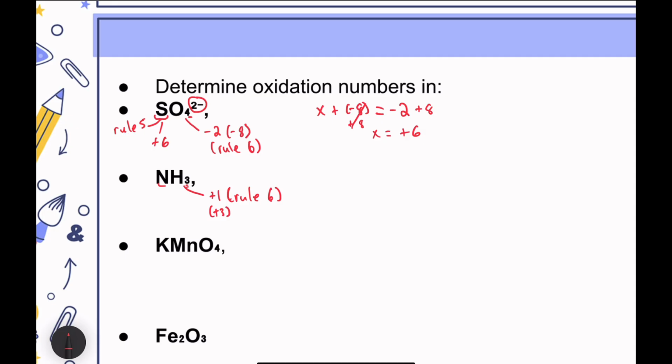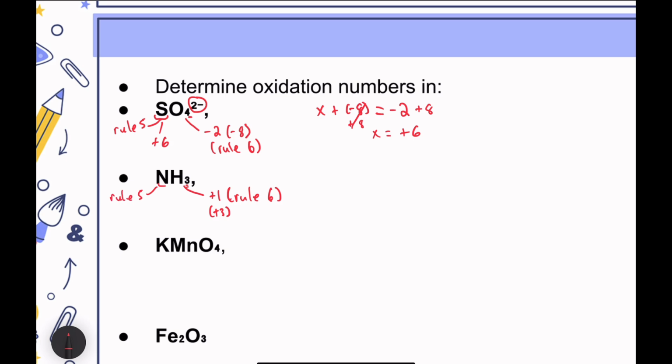And then if I look through the rules again, your nitrogen here is not a monoatomic ion. It is not an element that's in its ground state, or that is 0, right? Or that is by itself. And it's certainly not an ionic compound. So none of the rules directly apply, which means that Rule 5, once again, is likely going to be exercised.